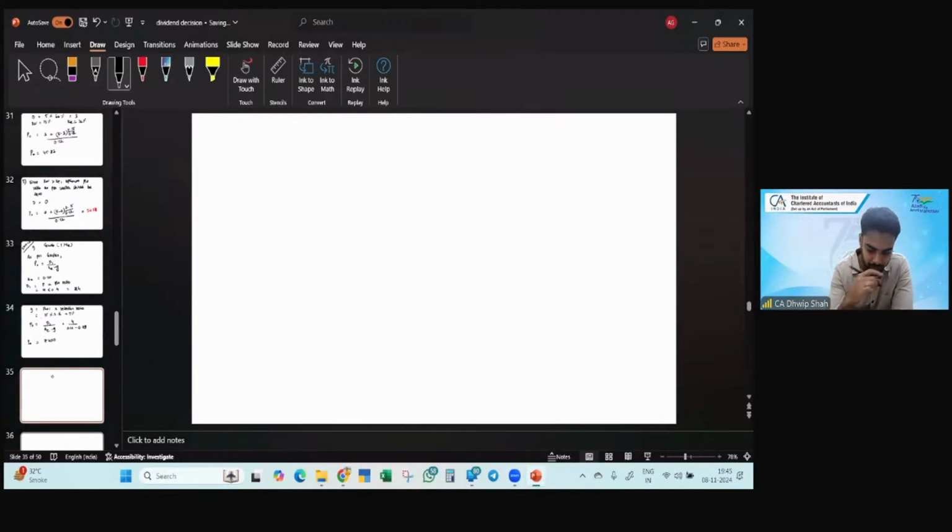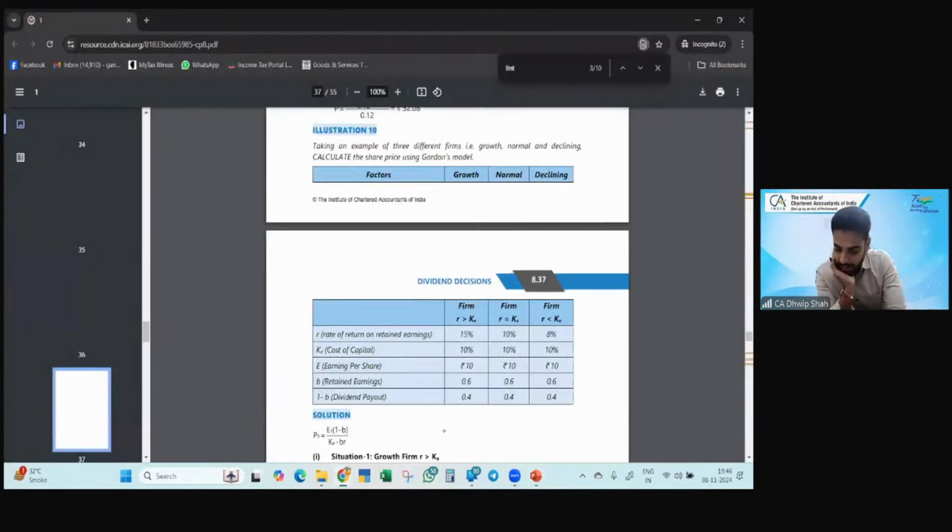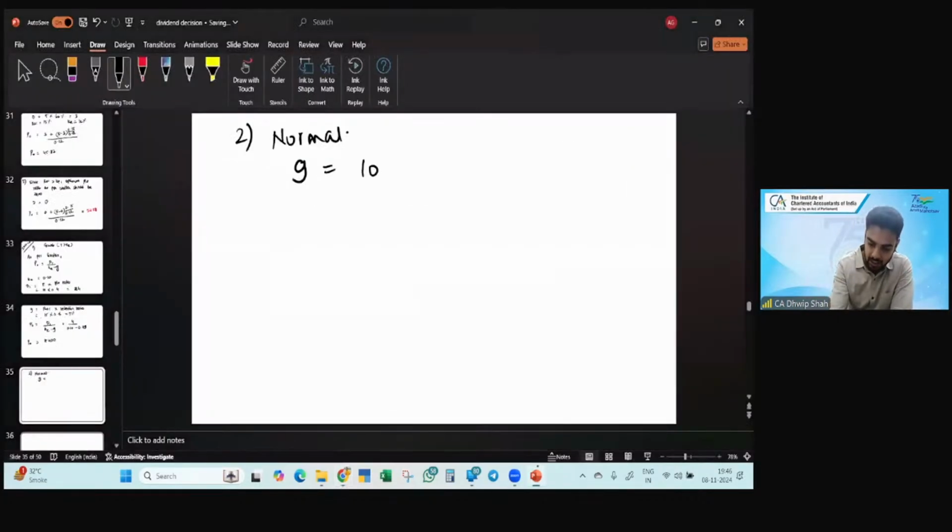Now let's solve for the normal company. In that case, my growth would be ROI, which is 10%, and retention ratio is 0.6. 10 into 0.6 will be 6%.